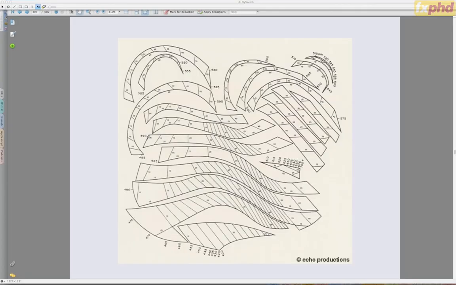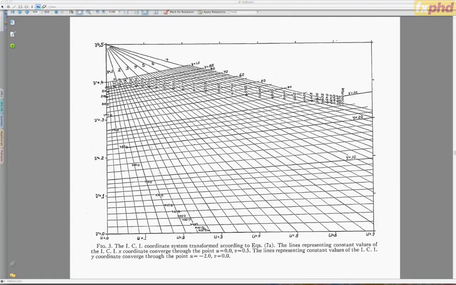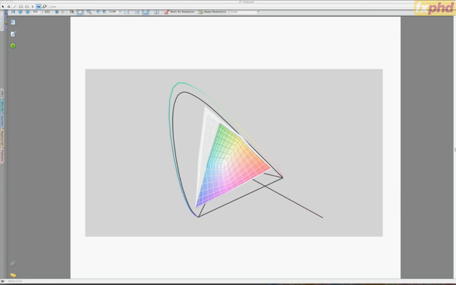And then I'm going to show you how it's pretty complicated to get into Lab space, but I really do want you to recognize how that's an important space to understand the perceptual character of color space. So let's wrap there.